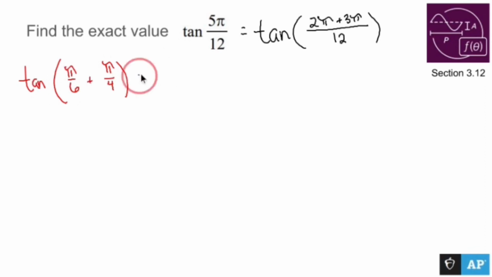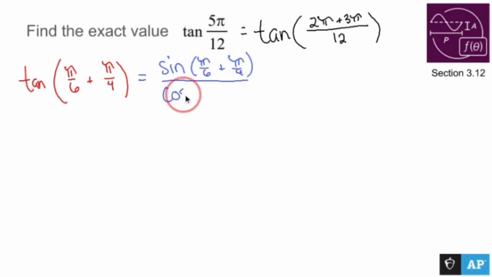So I'm going to go about this in probably the longest way possible, just in case you don't have tangent memorized. Tangent is the same as sine over cosine. So I can write this out as sine of pi over 6 plus pi over 4, all over cosine of pi over 6 plus pi over 4.